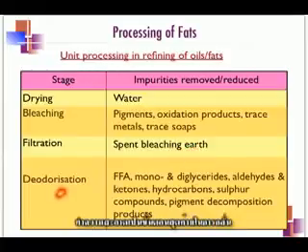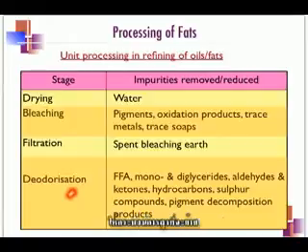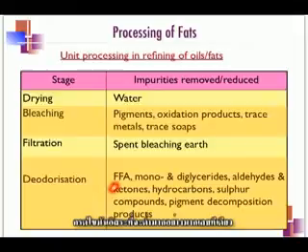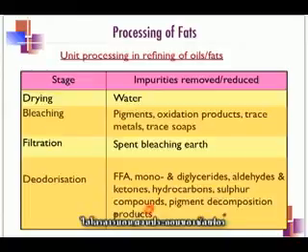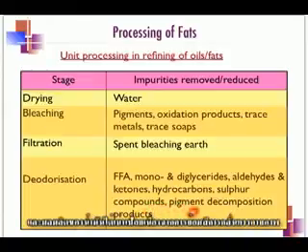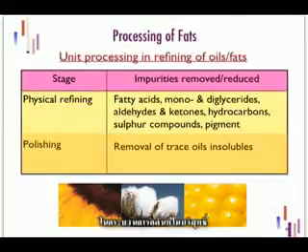Deodorization step is basically the final step in the refining. This will involve a high temperature process to remove the volatile fatty acid down to a very, very low level, and also to remove some residual mono and diglycerides and other small compounds, aldehydes and ketones, hydrocarbons, sulfur compounds, and the products of pigment decomposition from the oil.